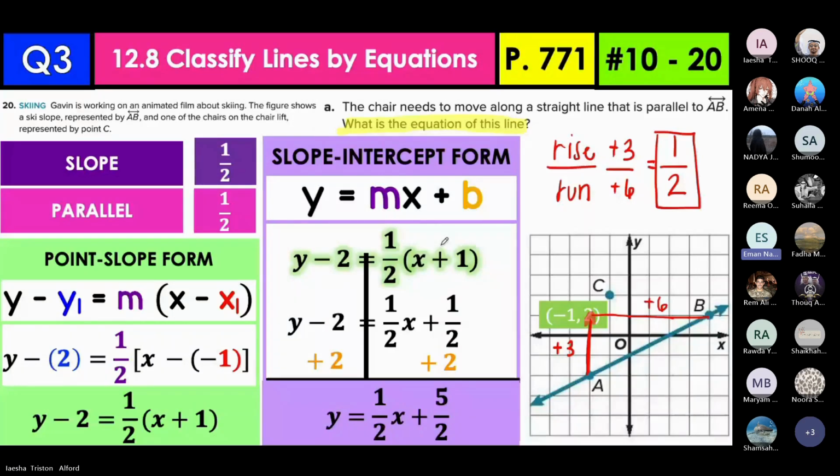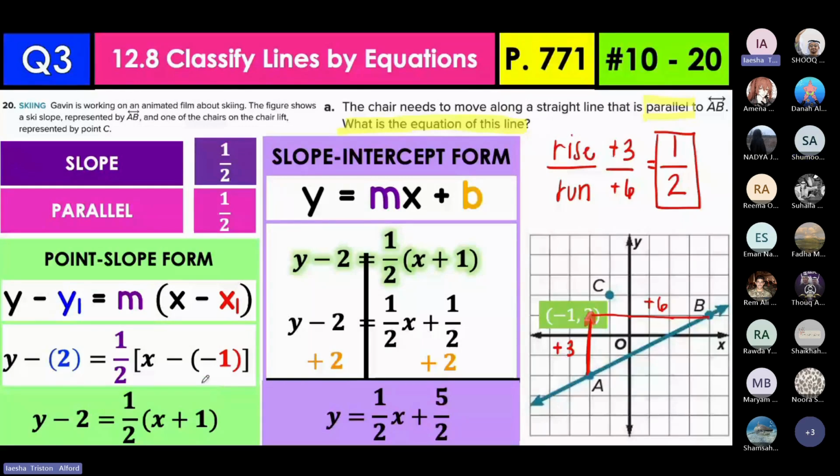Miss, from where you get 1/2 from the slope? I did rise over run in the red. Remember, they wanted parallel. It says here in the writing, it should be parallel, the new line. Miss, I can do only slope-intercept form.